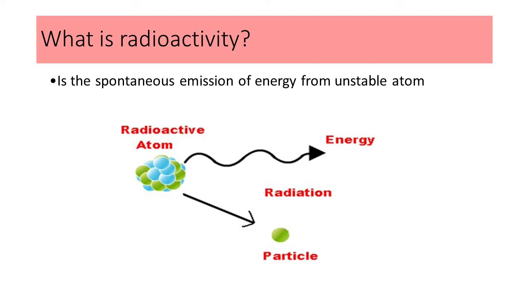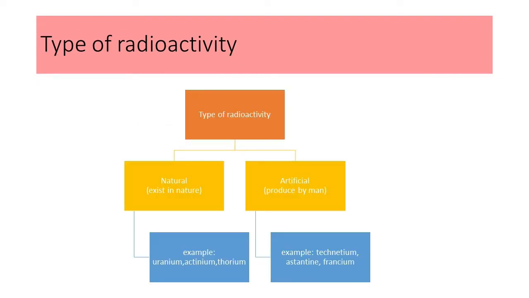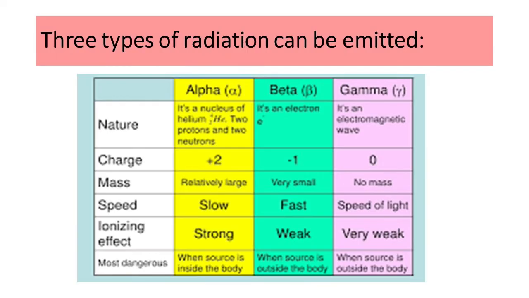Activity. It is the spontaneous emission of energy from an unstable atom. There are 2 types of radioactivity. One is natural, which is found in nature, such as uranium and plutonium, while artificial is made by man, such as technetium and actinium. 3 types of radiation can be emitted: alpha, beta, gamma.